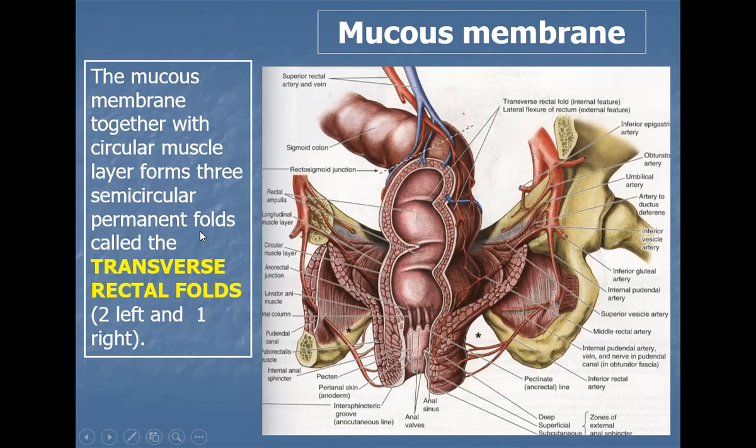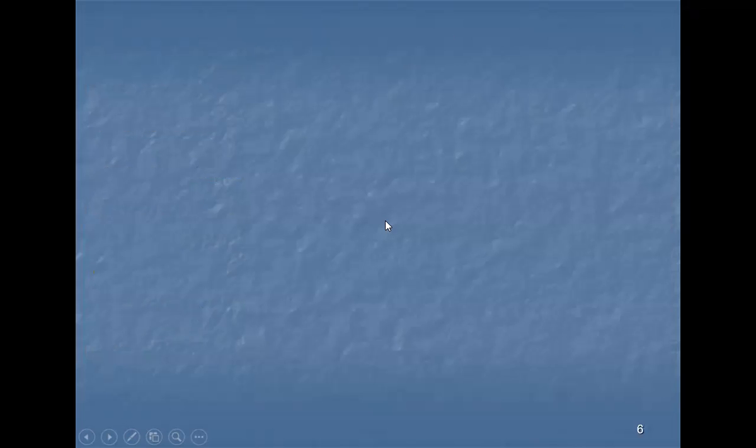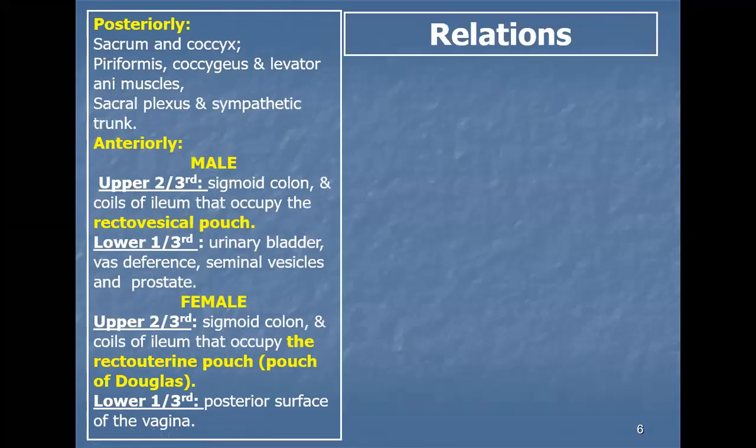So these are three transverse folds: two on the left and one on the right. These are nothing but the inner circular muscle fibers invaginating along with the mucous membrane. These are called the transverse rectal folds, which are seen in the rectum.